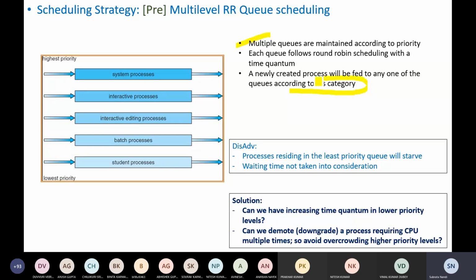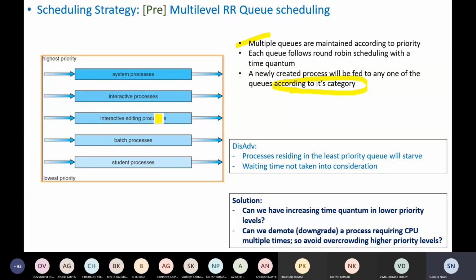If we look into the queues, the categorization of processes is: system process, interactive editing process, batch process, student process. As you can see, for interactive editing, the user will probably wait for a while to think what to input, so they are given lesser priority.